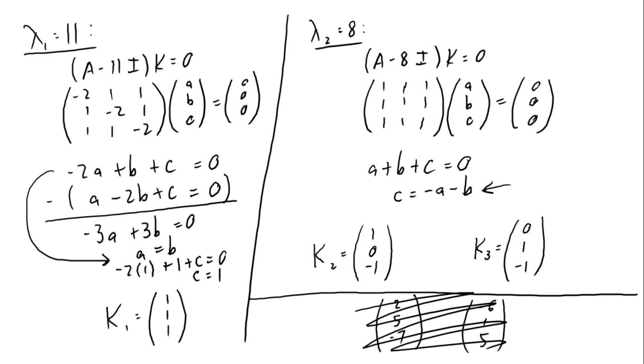So now again, the question is, how do you know when that happens? The answer is this. If all 3 equations tell you the same thing, that's what's happening here. If all 3 equations tell you the same thing, that means you are able to ignore 2 equations. Notice over here we ignored 1 equation, we got 1 vector as a result.